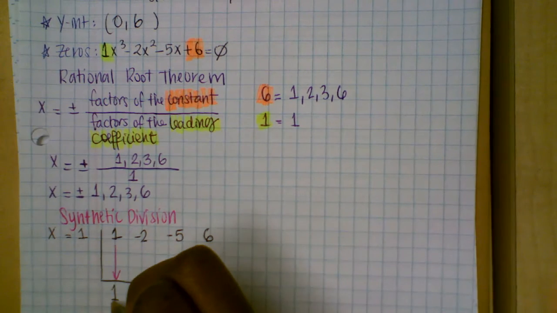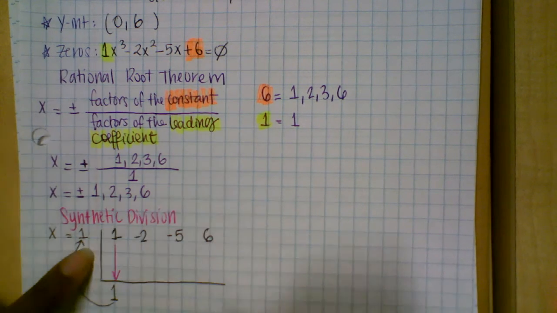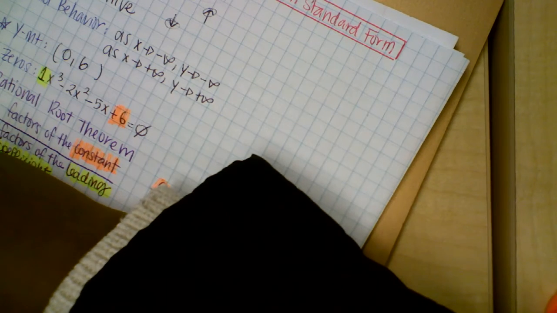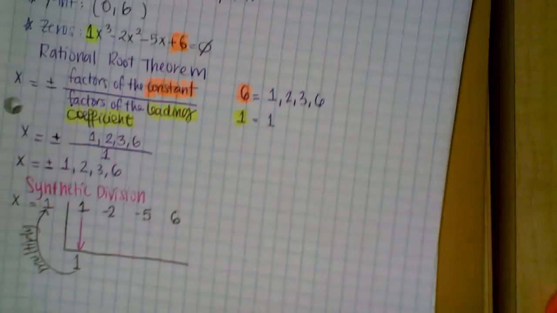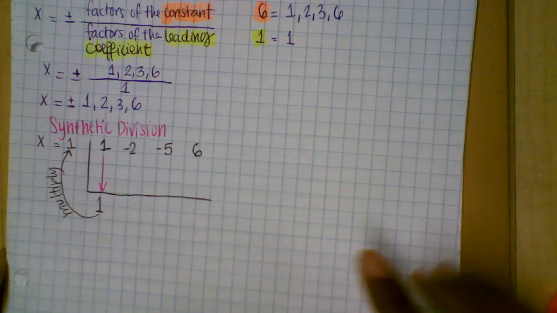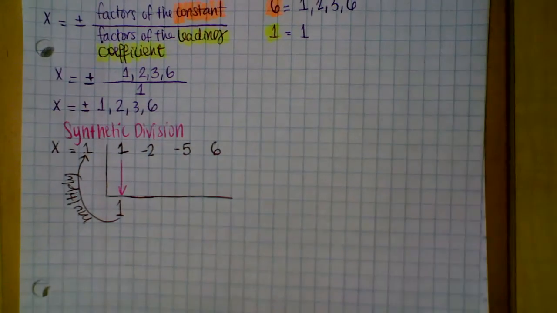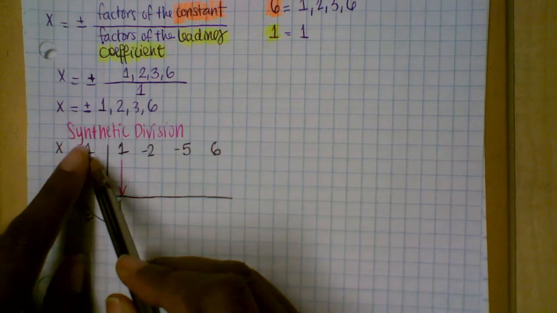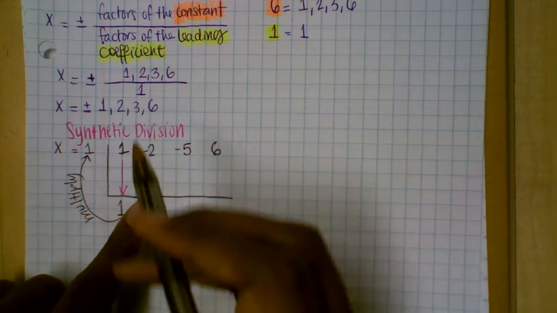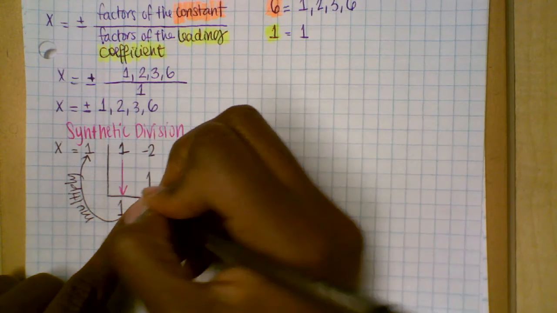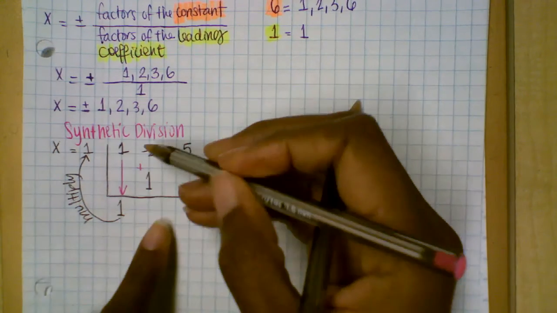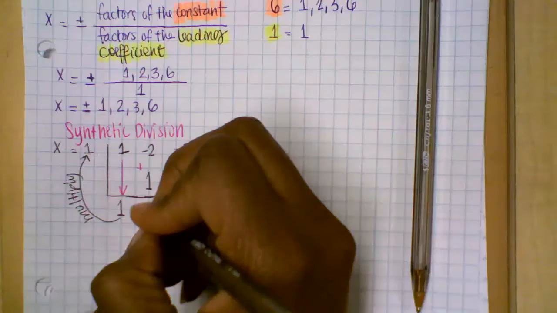Then you take the 1 and multiply it with the 1 on the side, which I call the divisor. 1 times 1 is 1, and the product you write below the negative 2. Then you add vertically. Negative 2 plus 1 is negative 1.